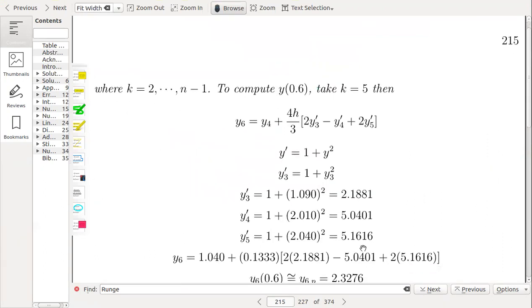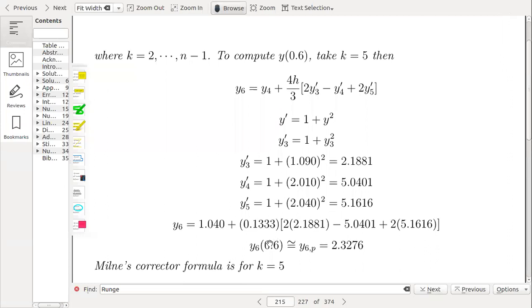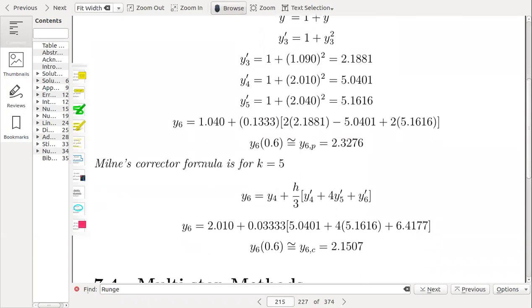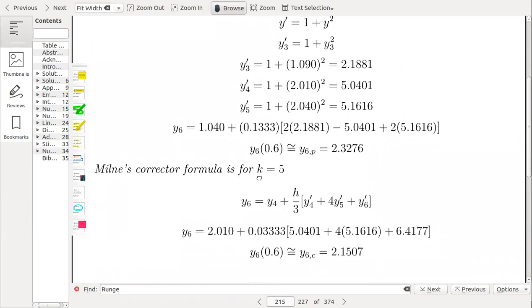And we will substitute the values, and finally we will compute the next value, which is y at x is equal to 0.6, and we denote this value with y6p. The predicted value is 2.3276.